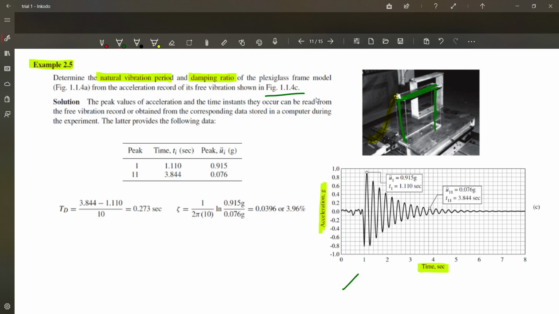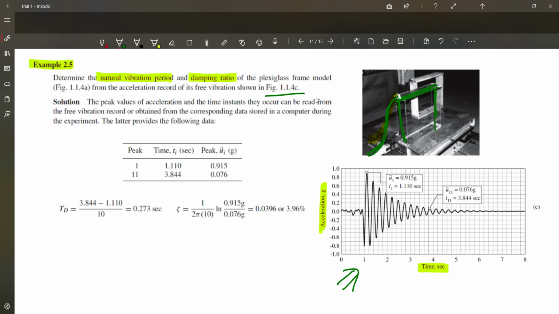As I said, we can obtain this at the lab. We can have this relation between time and acceleration using a data acquisition system connected to the top of this plexiglass model.